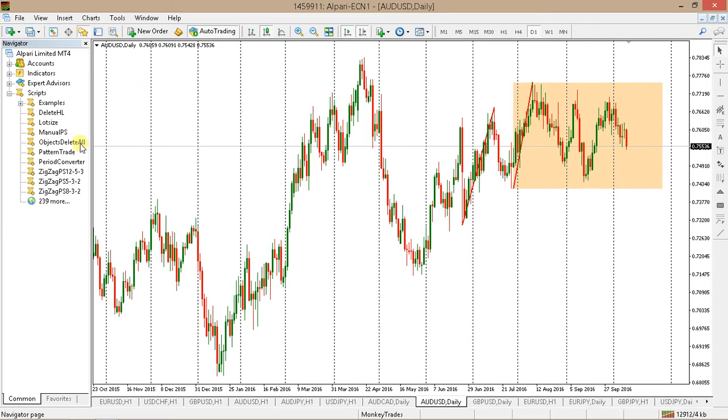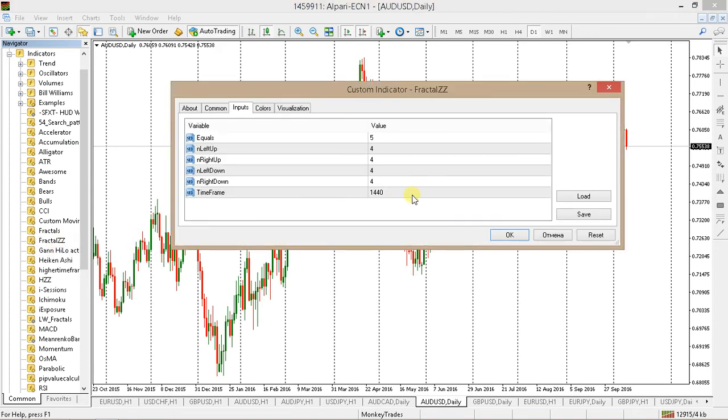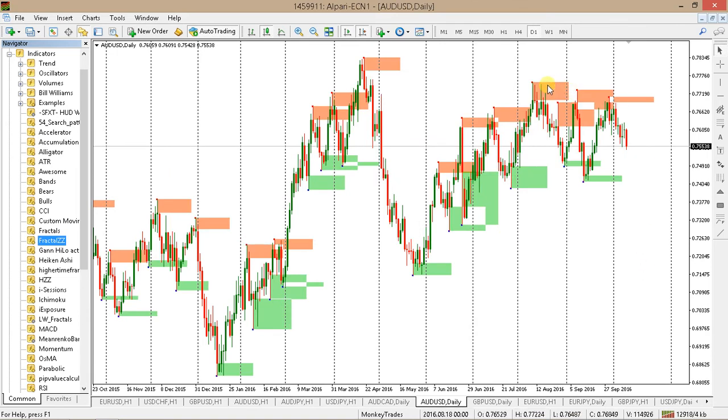Okay, let me analyze it with my indicator. Fractal zones, one daily, and it shows a pretty good number of resistances that are here, and we also have some support levels on the downside, somewhere here.